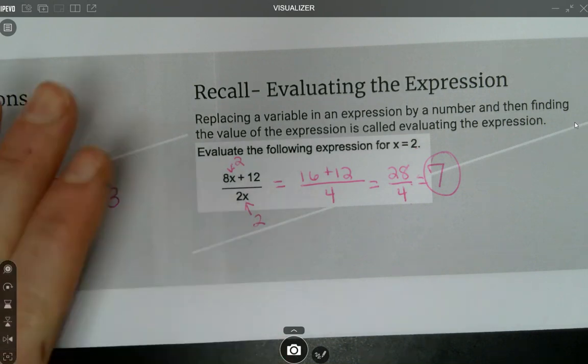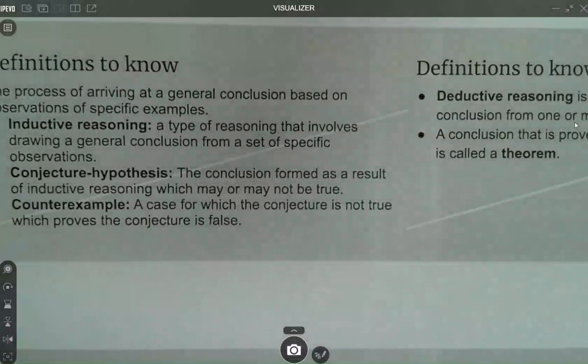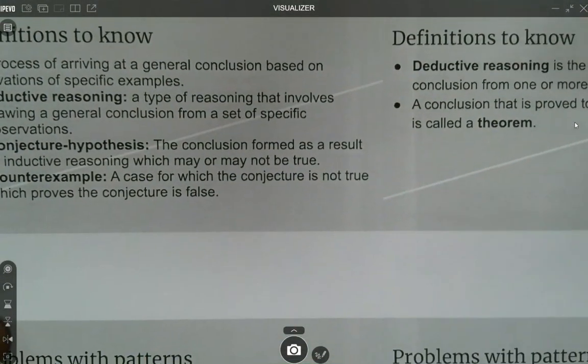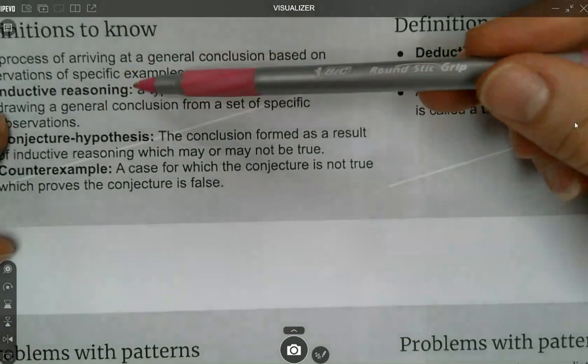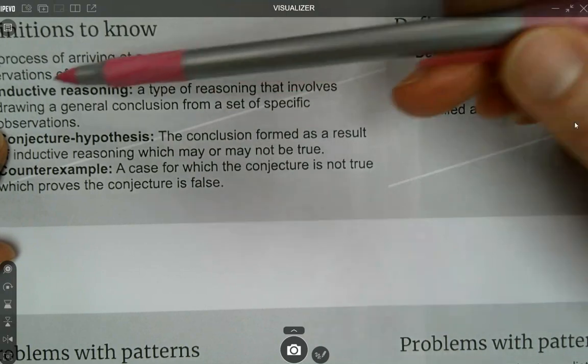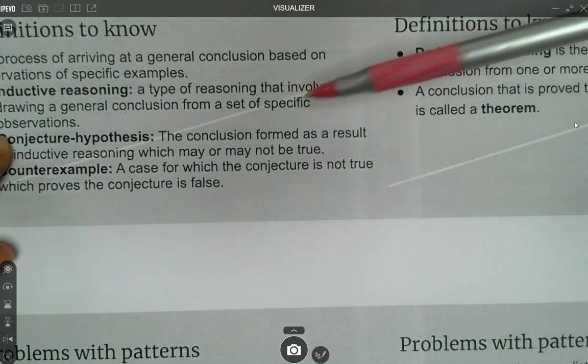We have some definitions we need to learn. So inductive reasoning: a process of arriving at a general conclusion based on observations of specific examples. It is a type of reasoning that involves drawing a general conclusion from a set of specific observations.